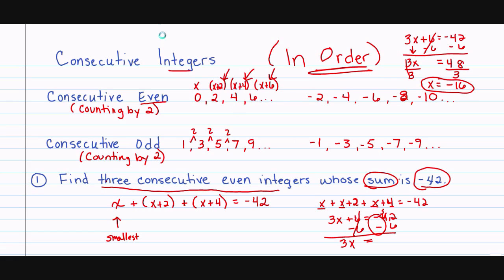Well, that's great. But I'm looking for 3 numbers. So if this is negative 16, what's my next consecutive even number? Negative 16 plus 2 is, wait for it, negative 14.